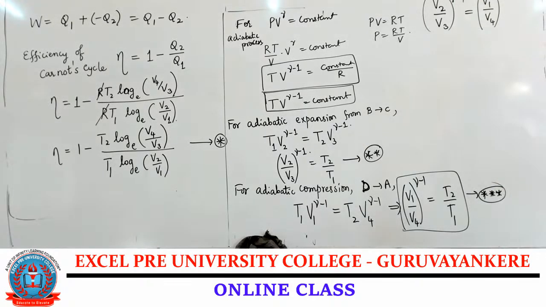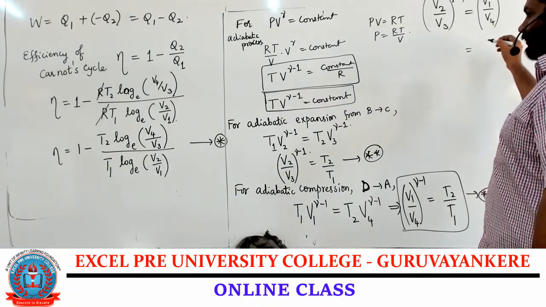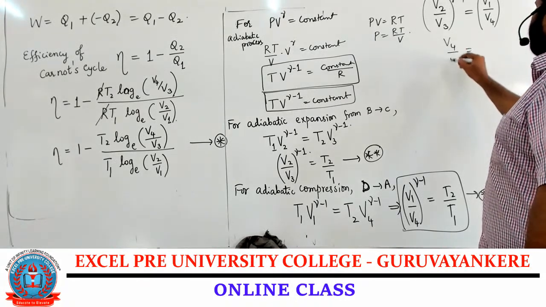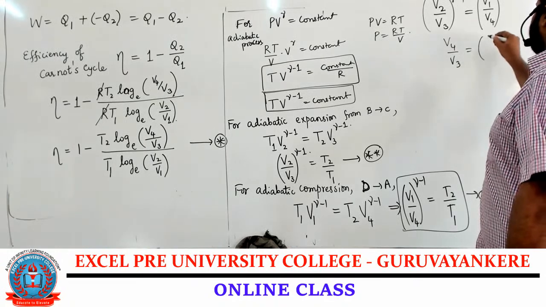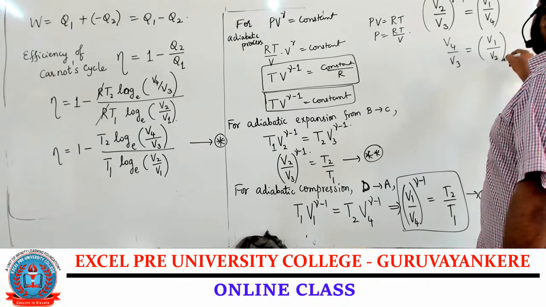So you can write V4 by V3 is equal to V1 by V2.